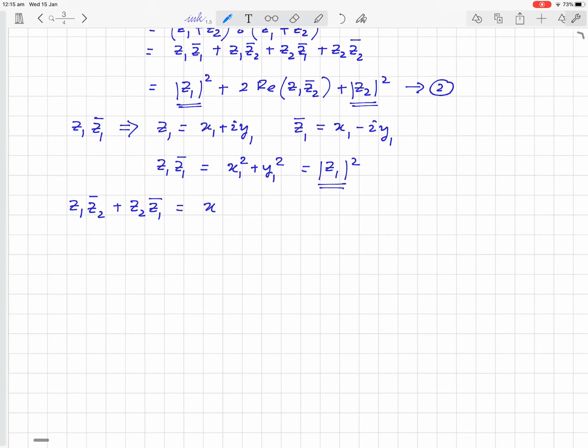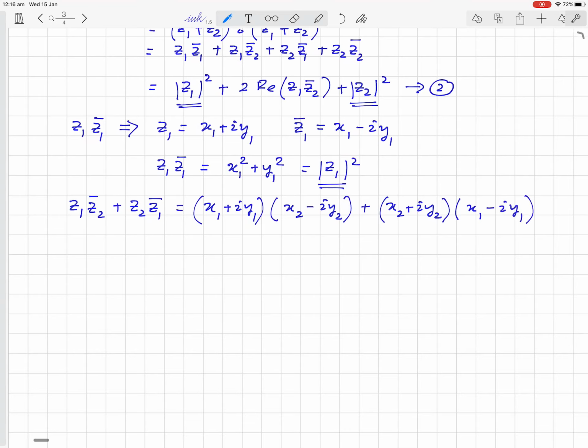So here I would say x1 plus iy1. Here I will have x2 minus iy2, plus here you have x2 plus iy2 times z1 conjugate, so that would be x1 minus iy1.